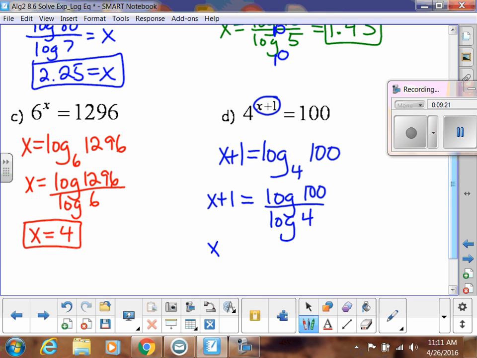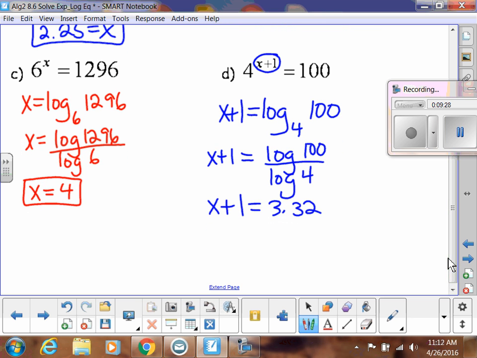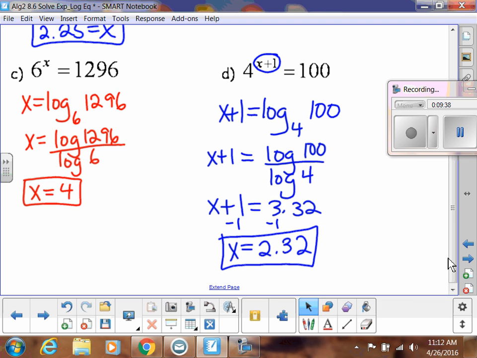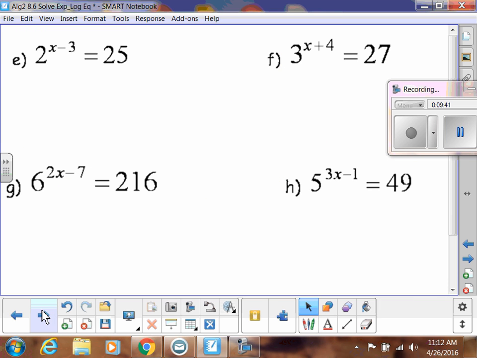So I have x plus 1 is equal to 3.32. So now if I want to solve for x, I just subtract 1. So this is going to be x is equal to 2.32. So that's all that's different. At the end, you have to do one more step. Okay, so try these on this page and see if you can get the same answers as me.